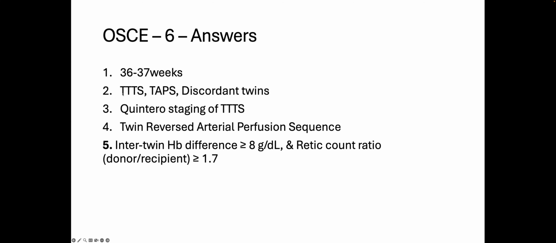Then you have the TTTS, TAPS, and discordant twinning, which one of your colleagues answered. Quintero staging is the staging used for twin-twin transfusion syndrome, and TRAPS is twin reverse arterial perfusion sequence. An intertwin hemoglobin difference of more than 8 and a retic count ratio, donor to recipient, of more than 1.7 tells you about TAPS, because here the main issue is not the difference in the hemodynamics, but the difference in the hemoglobin.